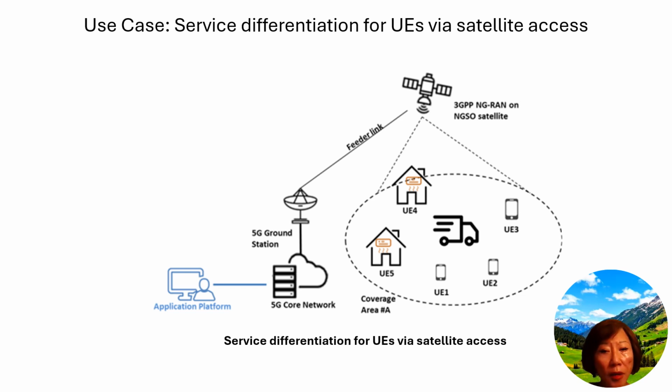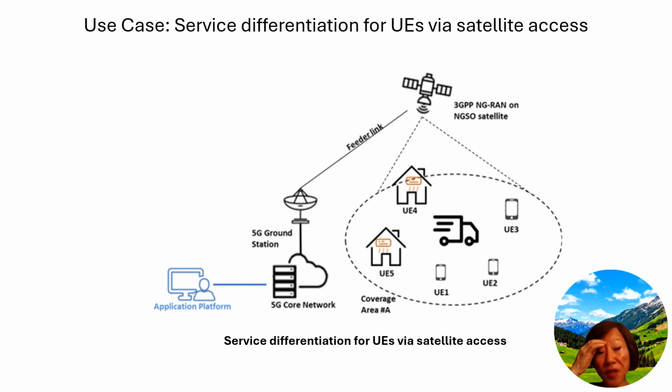So the scenario here involves providing differentiated service to various types of UEs through satellite access. You can see that we have diverse UE types. There are different types of UEs we just talked about, including fixed locations, vehicles, and mobile devices, all served by the same satellite network.